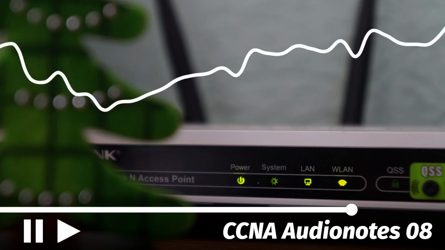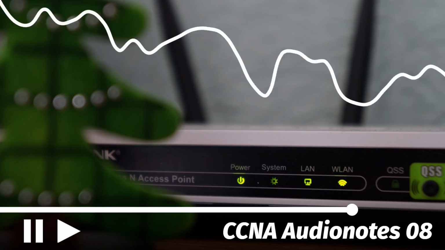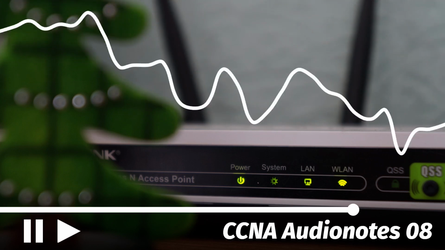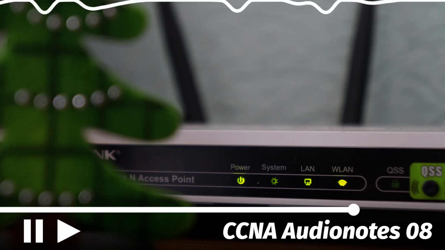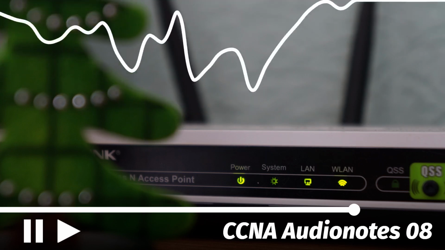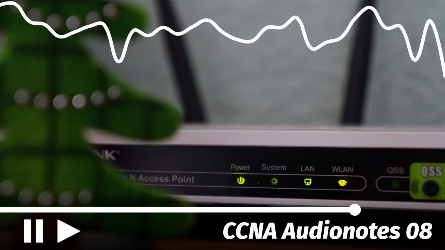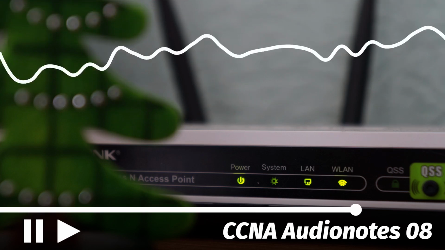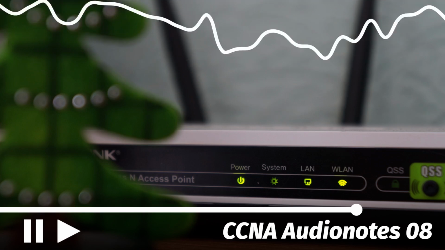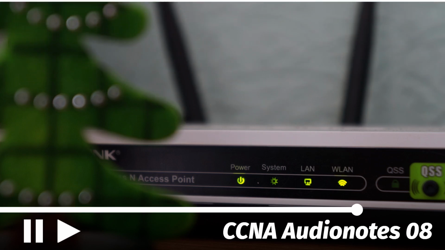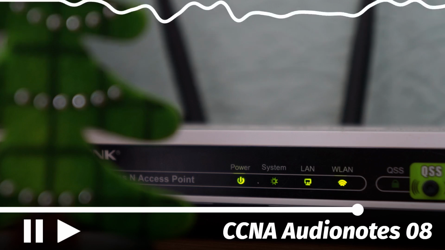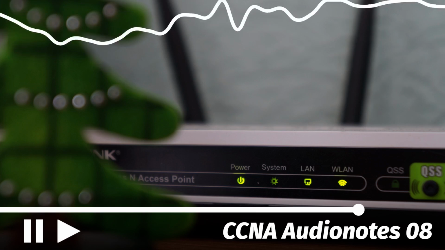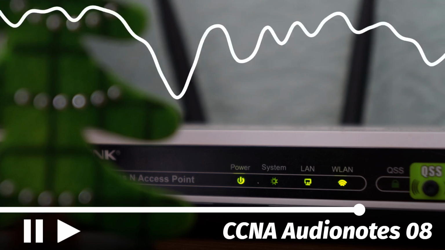And if the source IP address is a network address, it will be followed by its wildcard mask, followed by EQ, NE, LT, GT, or range, in which EQ stands for equal, NE stands for not equal, LT stands for less than, GT stands for greater than, or range stands for a range between two numbers, which will be followed by a port number.